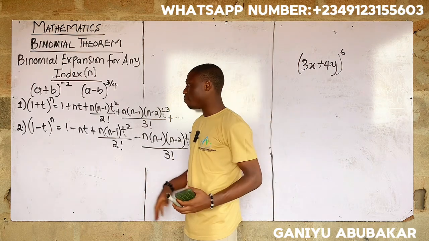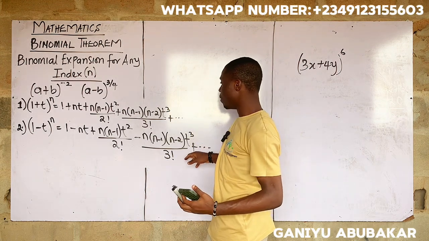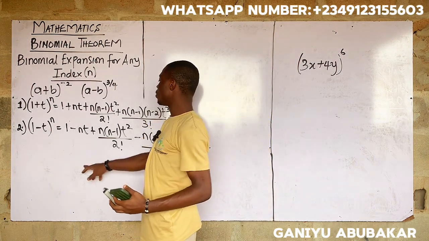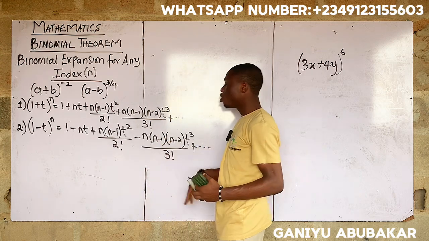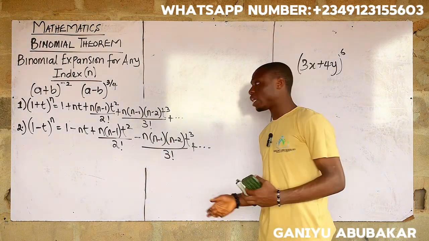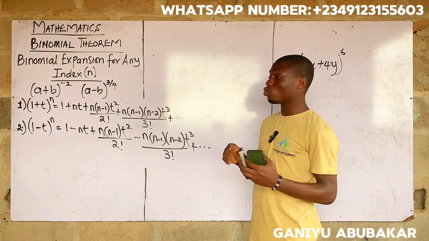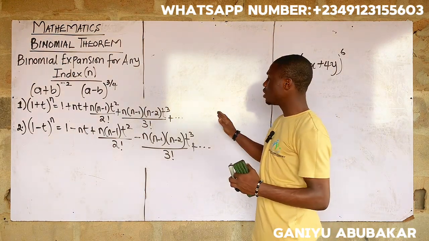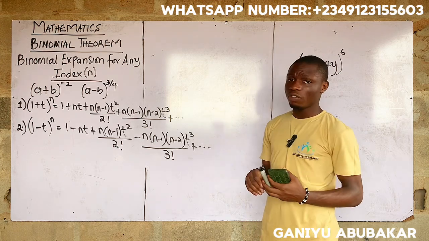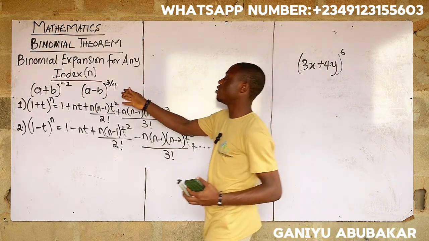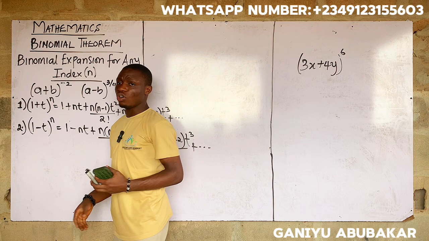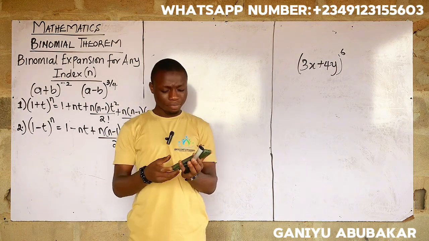The maximum is the fourth term. So you're always asked to write till the fourth term, or perhaps below, or third term, right? But note these formulas. They are very important in solving problems of this nature under the concept of binomial theorem.